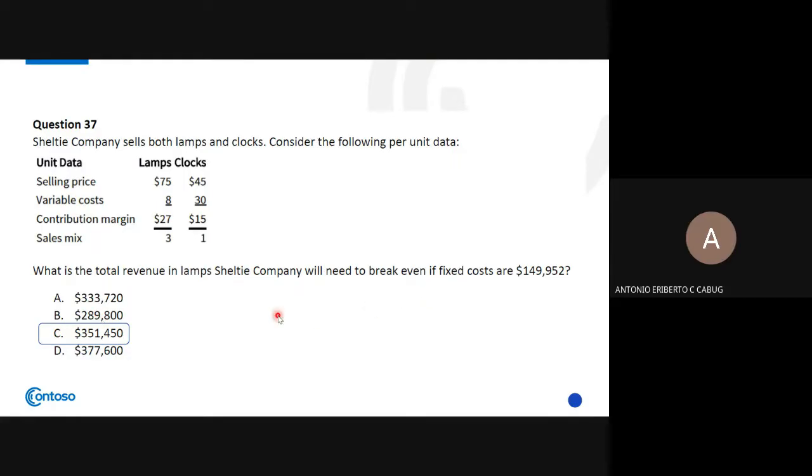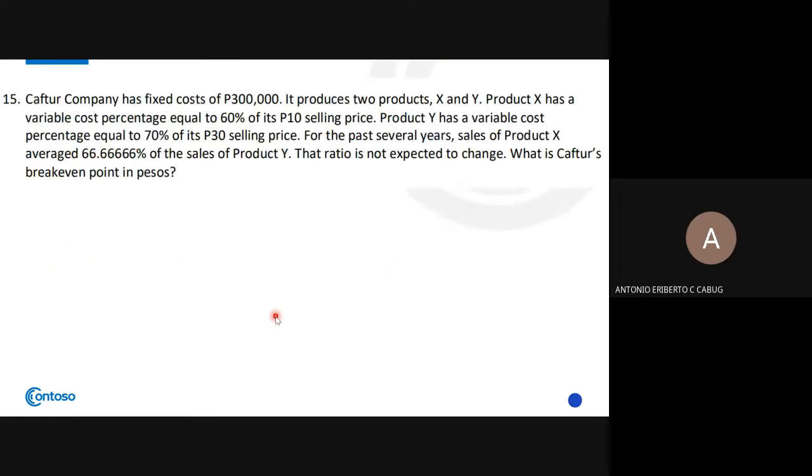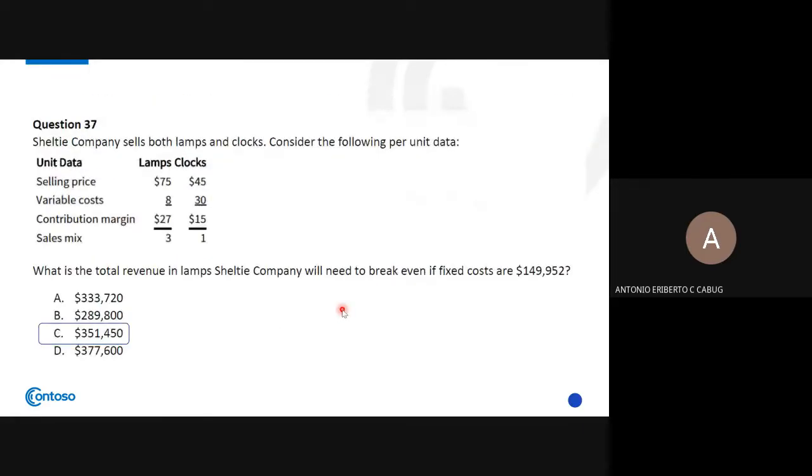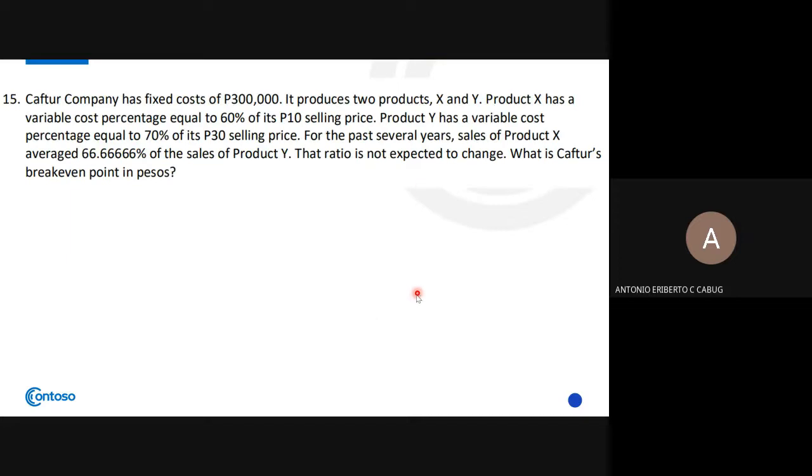$351,450. Okay lang? Letter C. Do you have any questions? So, ganun pa rin yung process kung paano natin ginawa kanina. I will be giving you an assignment.